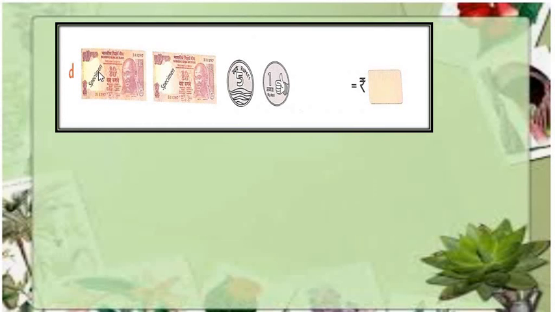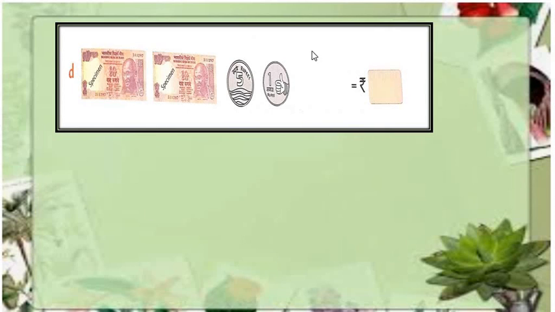Now we have the combination of notes and coins. So first we have 10 rupees note. Again we have 10 rupees note, 5 rupee coin and a 1 rupee coin.